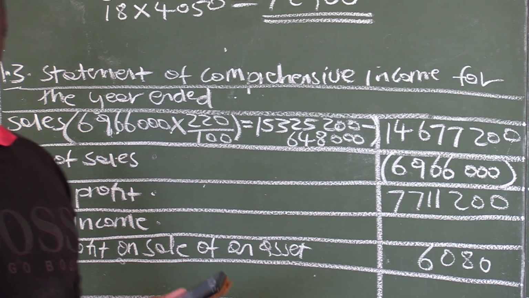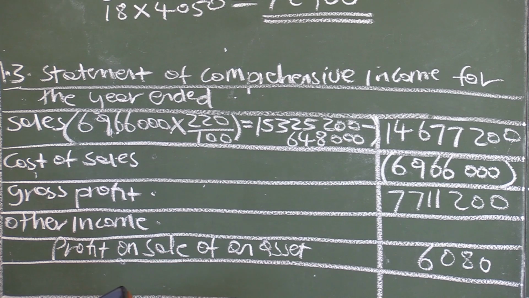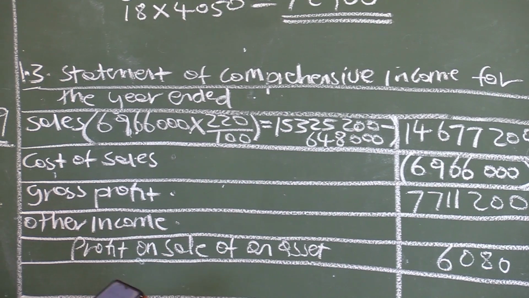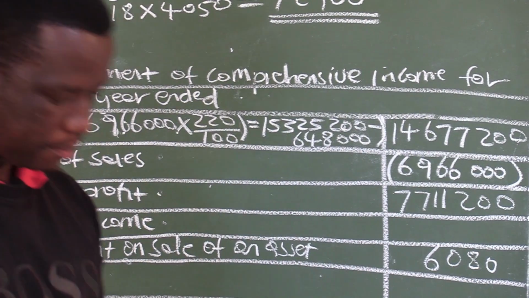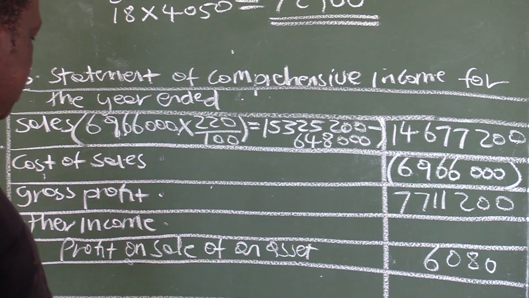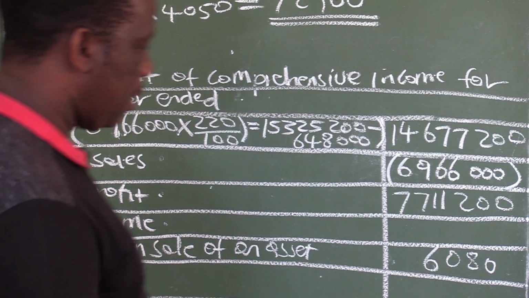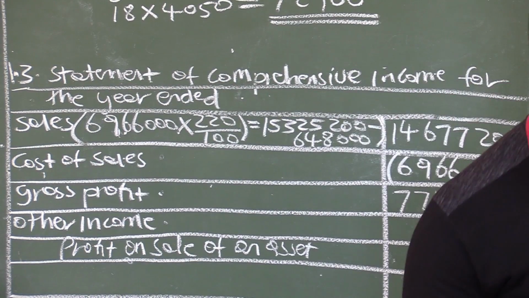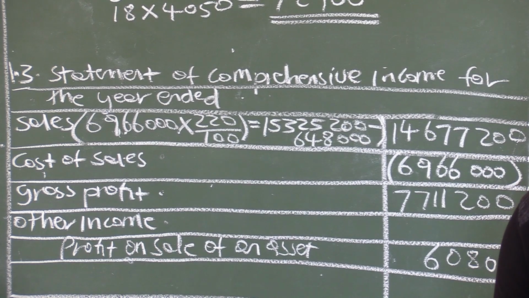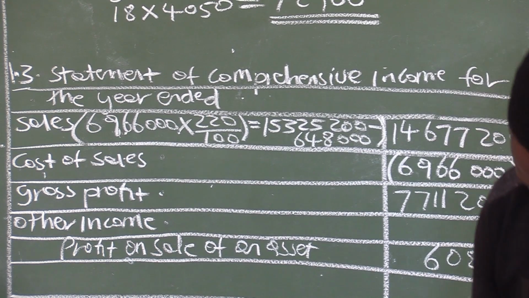Then, other income: we already have the profit on sale of an asset here of 6,080. Let's proceed with the transactions.